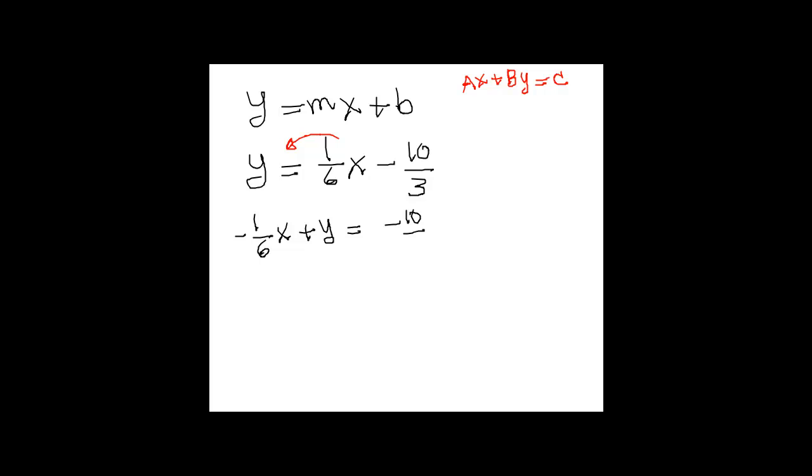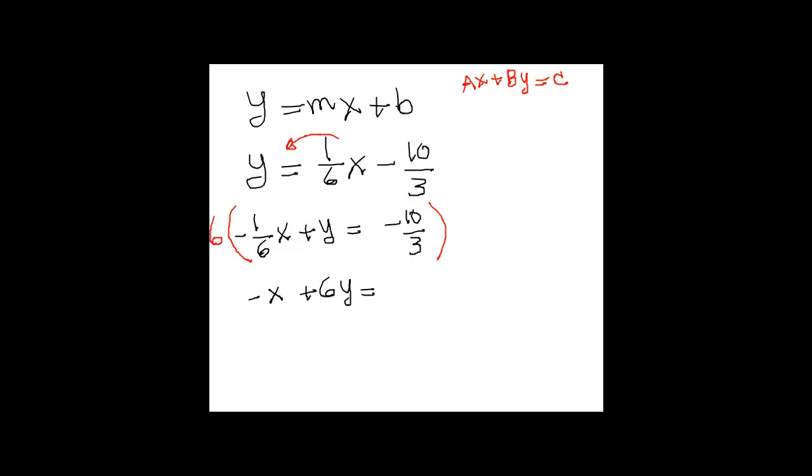You don't want to have any fraction when you write in general form, so you need to multiply each term by 6. That's what you need to do. If I multiply each term by 6, then I would get minus x plus 6y.